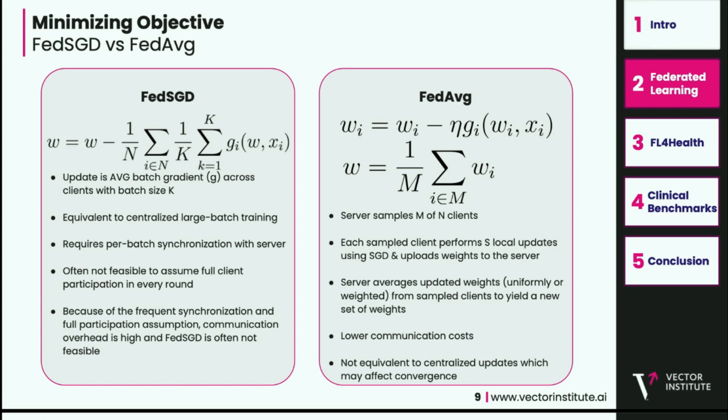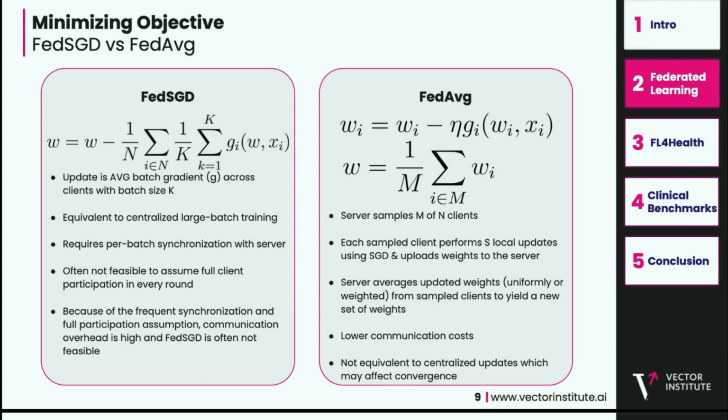So federated averaging was proposed, and it incurs a lower communication cost by trading off some convergence potentially. How federated averaging works is very similar. Instead of assuming that all of our clients are going to be participating in every round, which is a strong assumption, we're going to sample M of N clients. Each of those clients is, again, going to get a copy of the weights from the server.